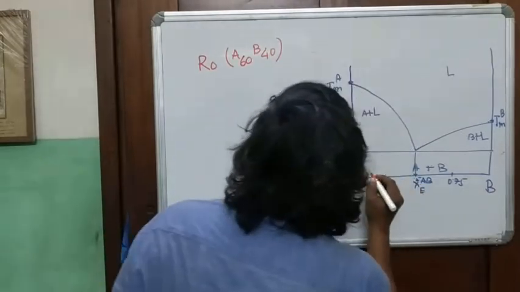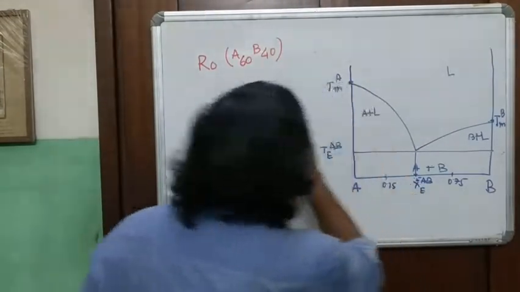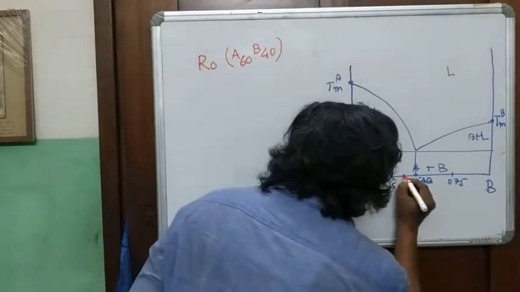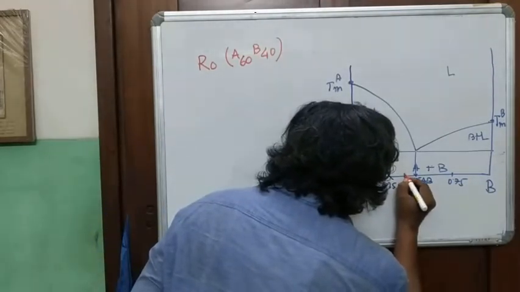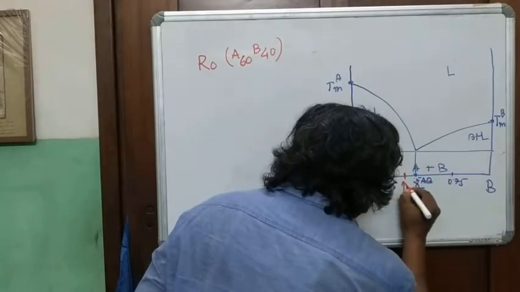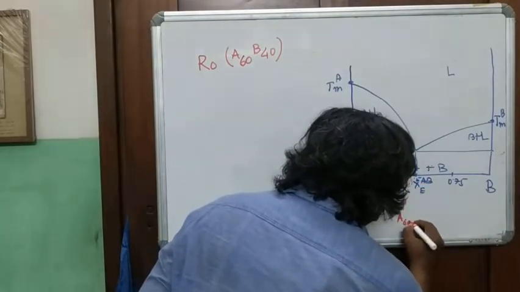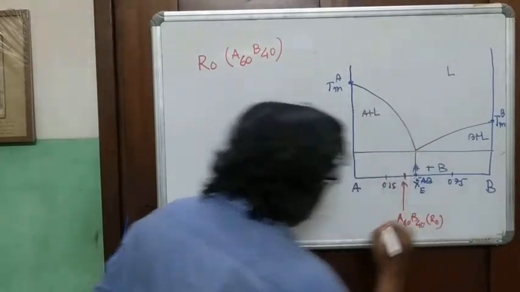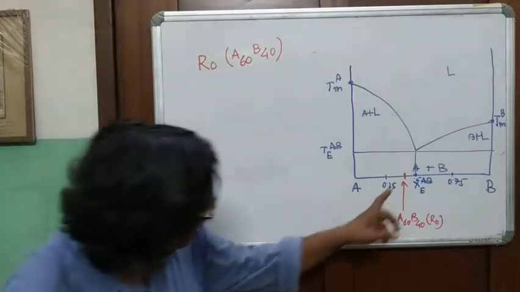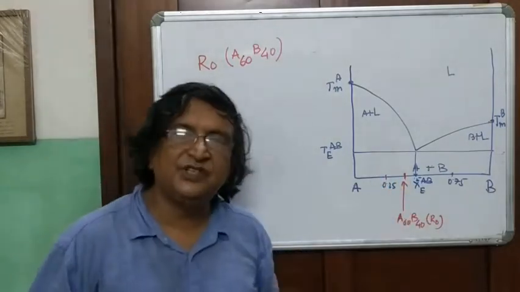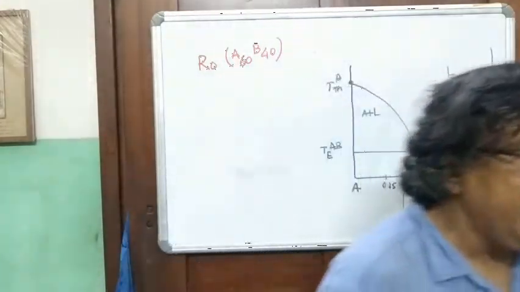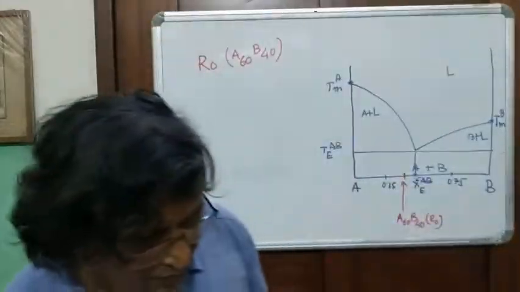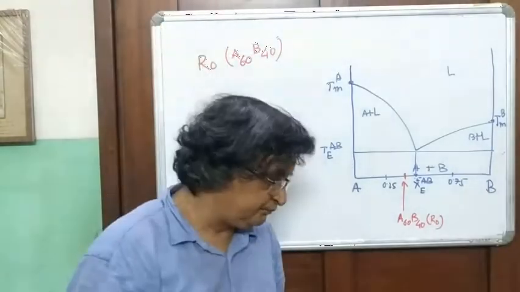Let's say A60 would be somewhere here. Let's say this is A60, obviously this is B40, and this is your R0. So we have a rock whose composition is here, and we are talking of equilibrium melting.